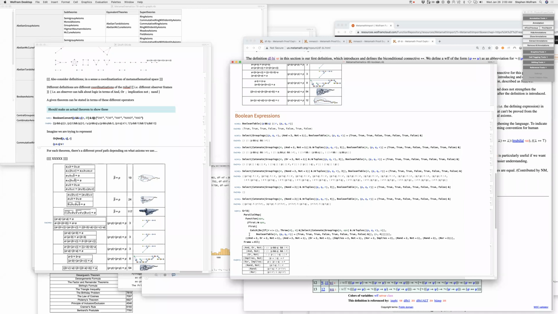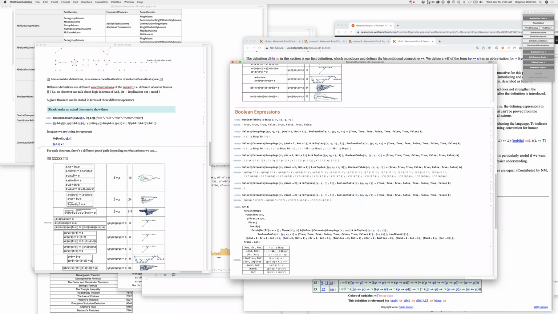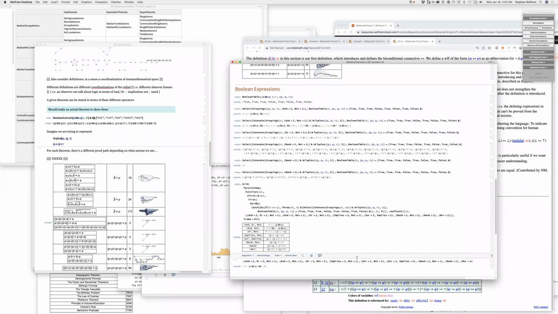Oh, I need to do first, I need to do a sort by here. Okay, that's kind of cool. So that's showing how those different operators manage to construct those same expressions. Right.